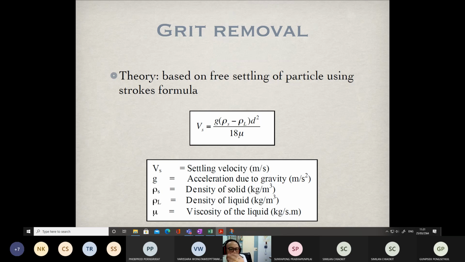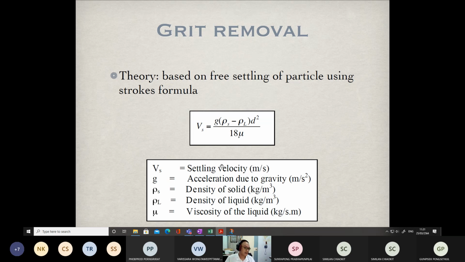It looks complicated. This equation is normally called the Stokes formula. It looks complicated, but actually it's not. It is drawn from the force balance equations.